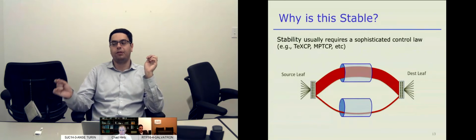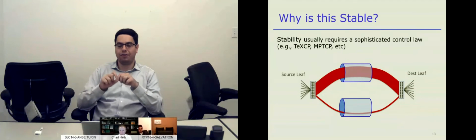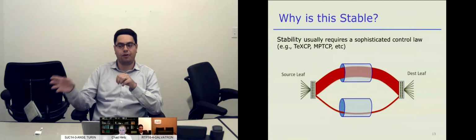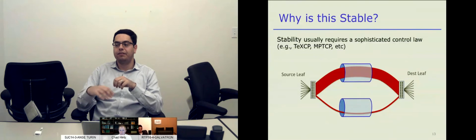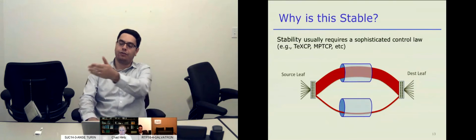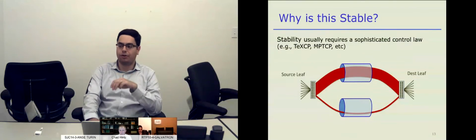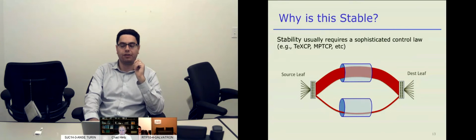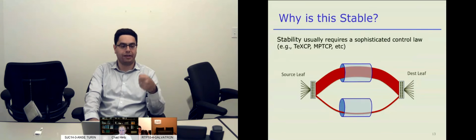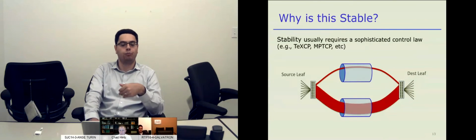So the stability problem is this: if you're trying to balance traffic across two paths, and you start from a state like this, where you're congesting one path much more than the other, if I move the traffic too quickly and I don't actually see the impact of what I'm doing, I can overshoot my target.